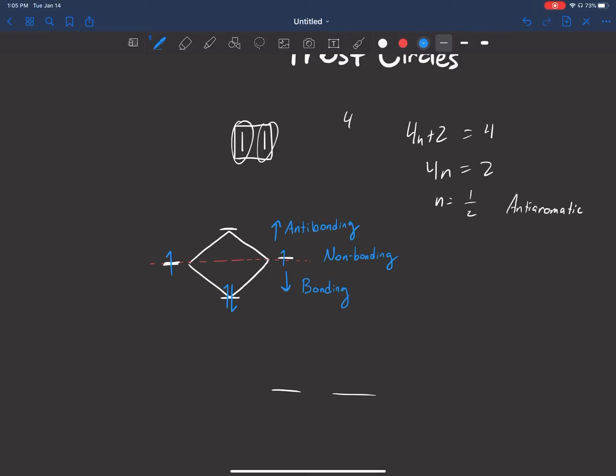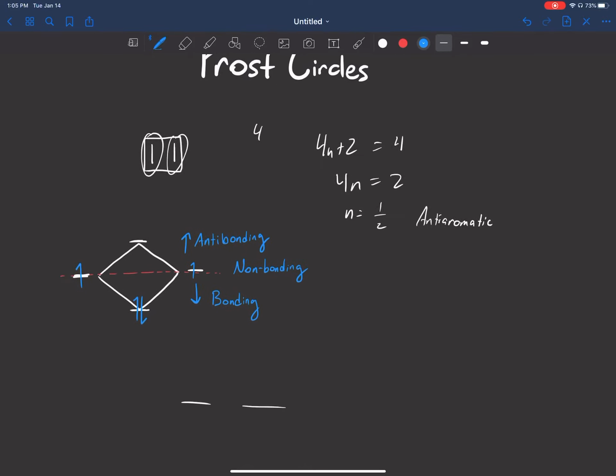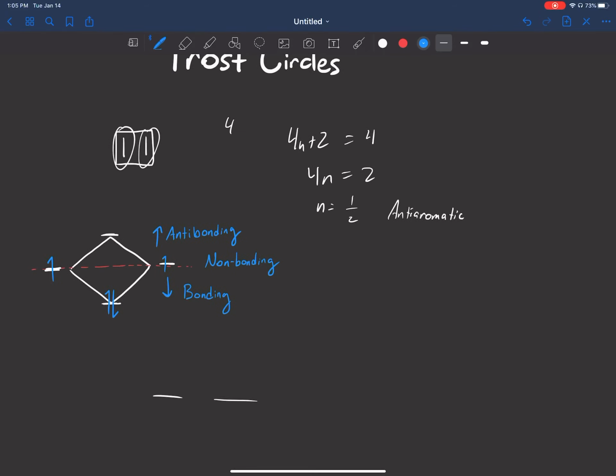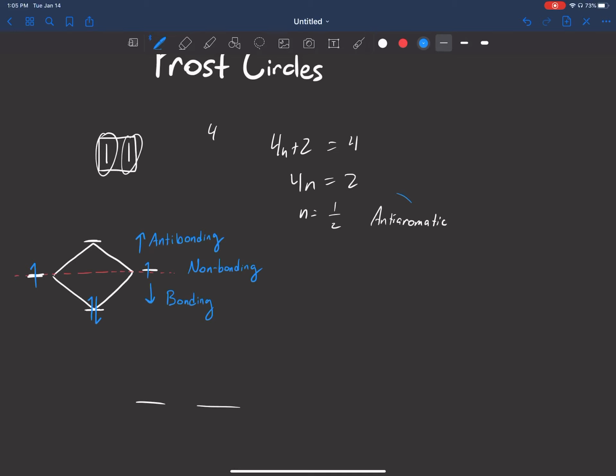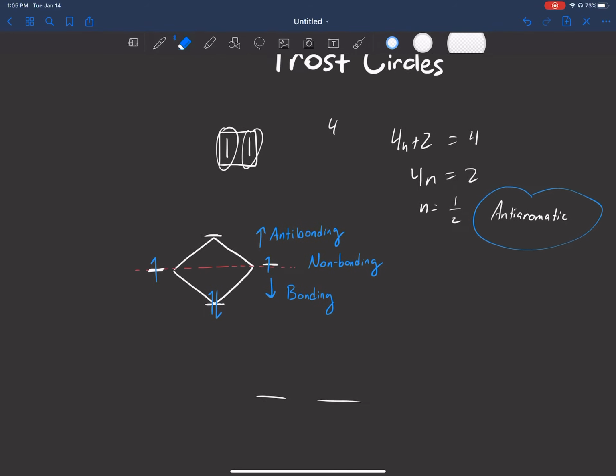So you can see that these 2 electrons are not paired together. We have 2 separate orbitals, each with 1 electron. Right? This is not that stable. Now, it's in the non-bonding, which doesn't contribute or destroy any sort of bonding, but it doesn't make it any more stable. So this is anti-aromatic, right? As we figured out with the 4n+2 rule.